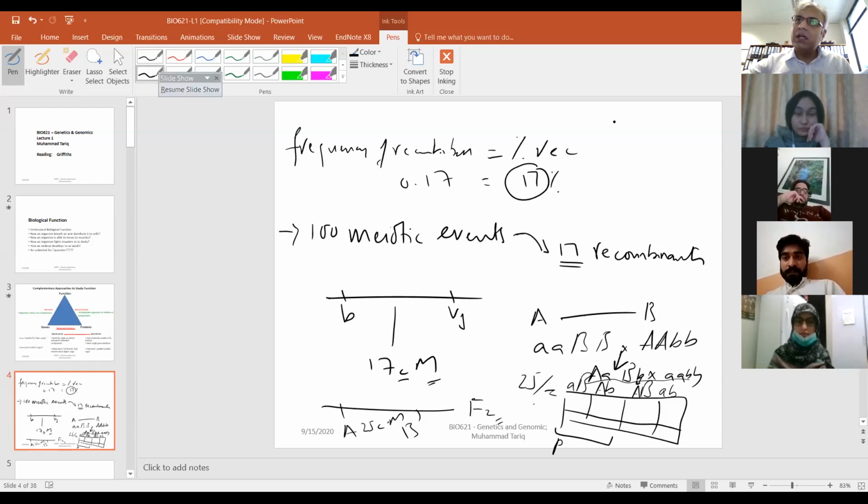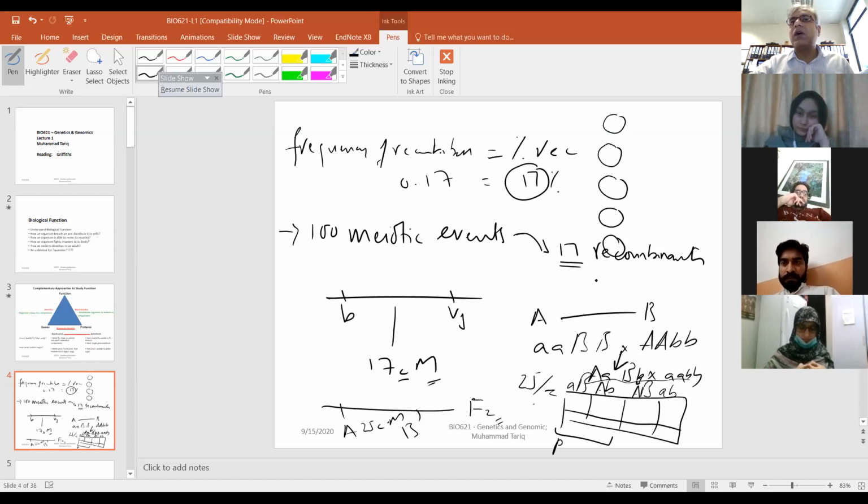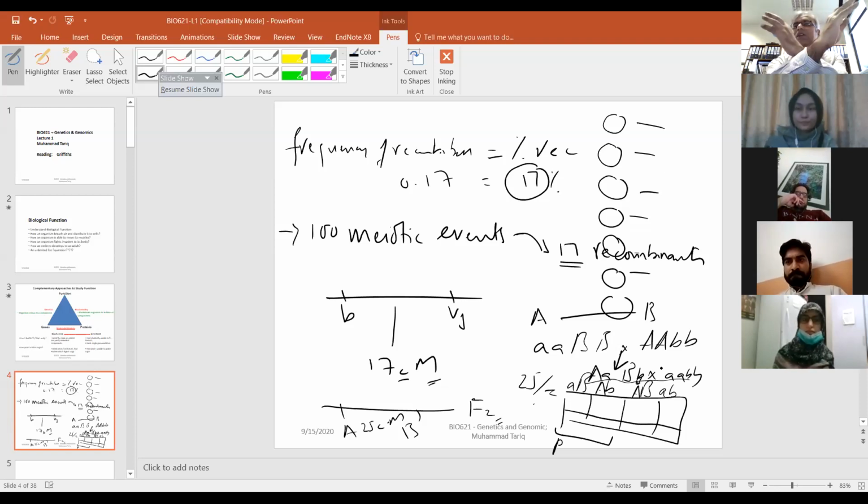It means out of 100 cells in those flies, in F1, 100 cells undergo meiosis, and in each meiosis, this is one event, this is another, this is a third, gametes are being produced. Out of this, only 25 meiotic events or recombination events took place, where non-parental or recombination took place. Okay, recombination is always reciprocal.